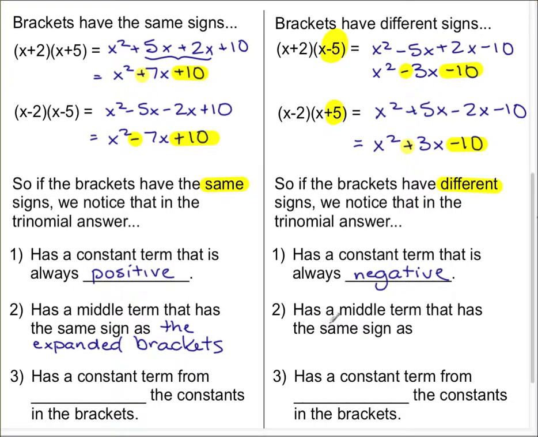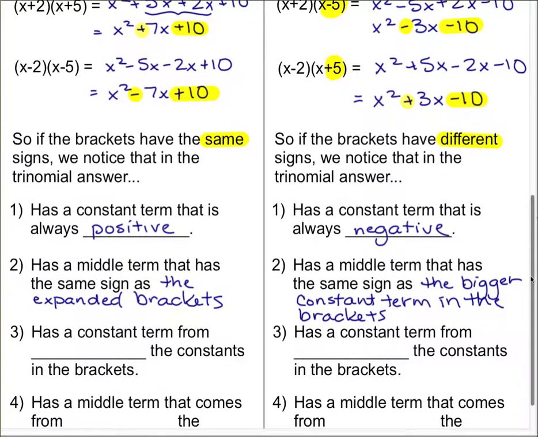So we're going to say has a middle term that has the same sign as the bigger constant term in the brackets. Can't fit. It's more words than I was anticipating. There we go.